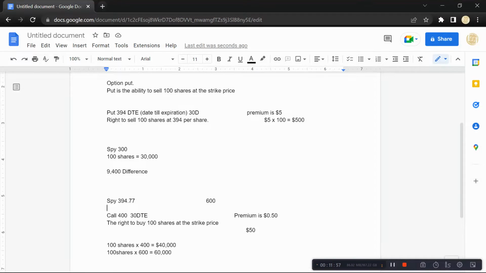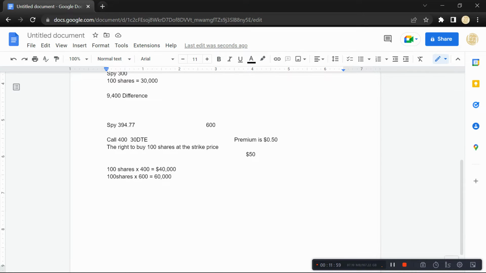Now, I can choose to not use the contracts. So let's say I buy a call at $400, 30 days till expiration, right? And the stock drops to, let's say, $300. Am I going to buy 100 shares at $400 if the stock's only worth $300?